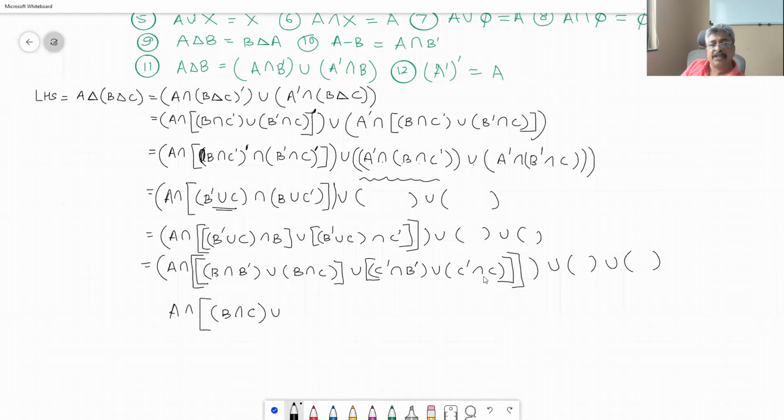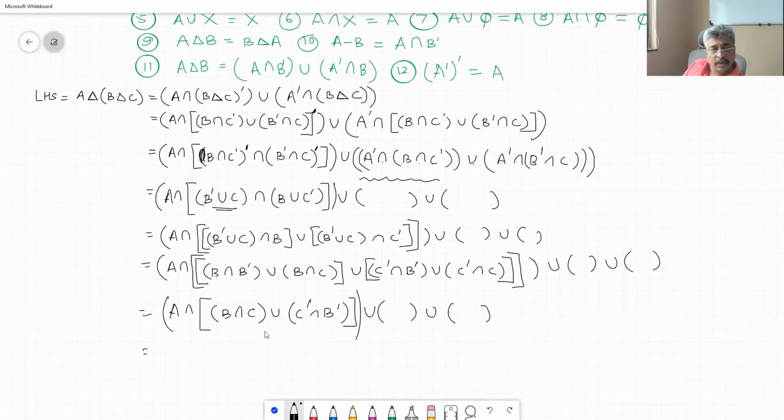C dash intersection C will become empty. So this is C dash intersection B dash. That is what we are left with. Union, this bracket, union, these two brackets, as it is.